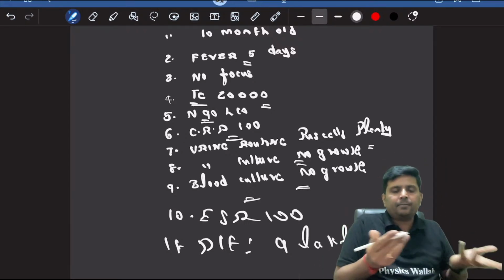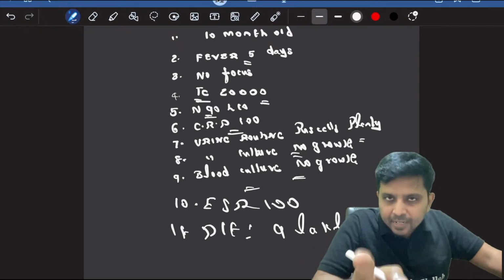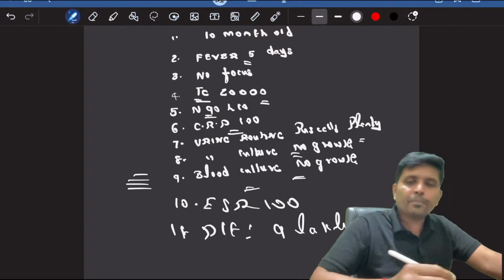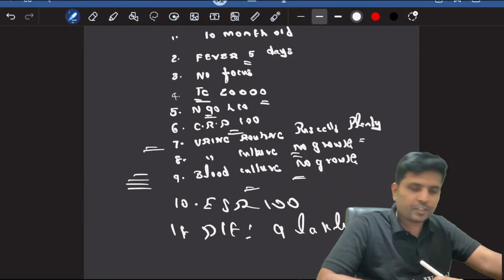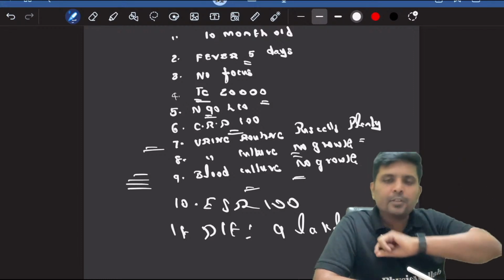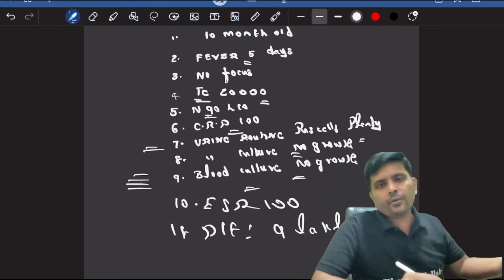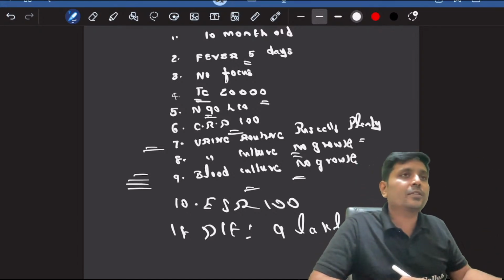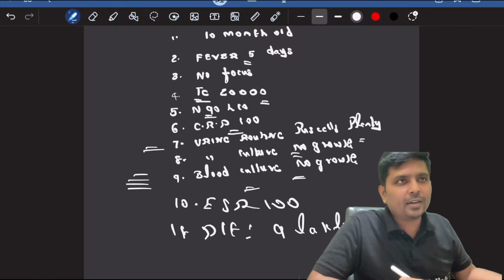So what is the pattern recognized here? If it is a bacterial infection, blood culture must be positive. If it is a urinary tract infection, your urine culture should be positive. Here, urine culture is negative, but urine contains plenty of pus cells. What is that called? Urine pus cells plenty, but urine culture negative.